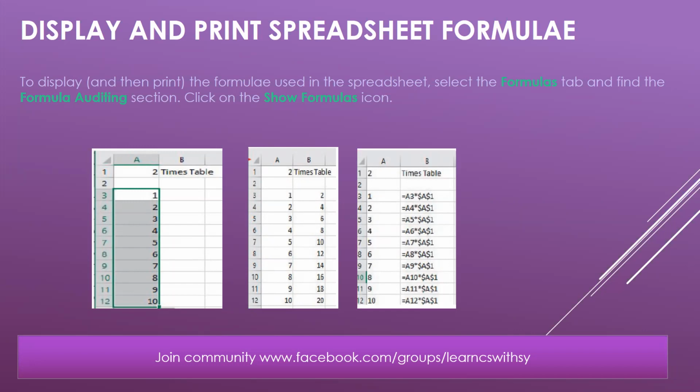But if you click on the formulas tab, and in the formula auditing section click on the show formulas icon, then these formulas will become visible. And you can see for yourself that this is a combination of relative and absolute. This is called a mixed reference.